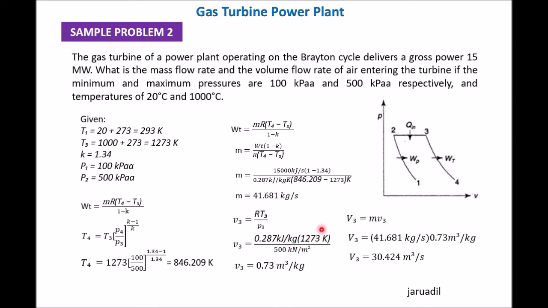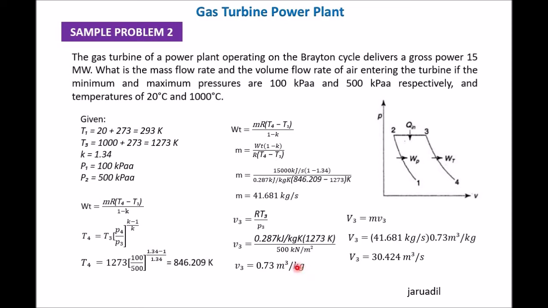Yung Kelvin dito, makancel din, kasi ilalagyan ko kasi kulang yung units ko dito sa R. Okay, so meron na siyang Kelvin. So, Kelvin and Kelvin will cancel. Yung kilonewton dito, makancel sa kilonewton dito kasi itong kilojoule is kilonewton meter. So, what is remaining is square meter multiplied by the meter here. So, cubic meter and kilogram. So, that is specific volume, 0.73 cubic meter per kilogram.